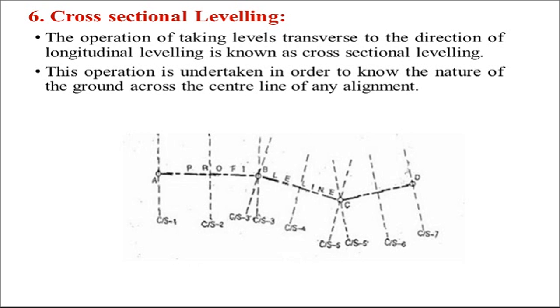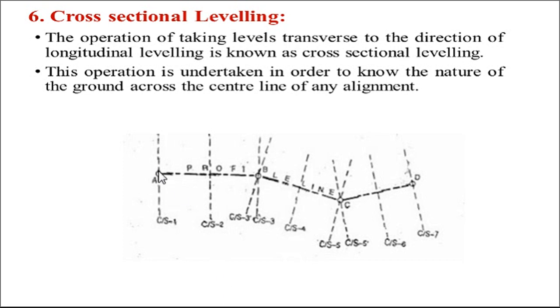Now see, when we are constructing a road, it means not a single line. The road has a certain width depending upon the type of road. Say village road, width is less, district road, width is somewhat more, then state highway, width is again more, and if it is a national highway, width is again more.